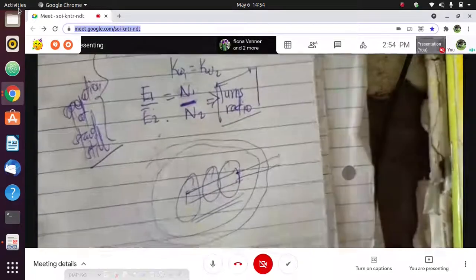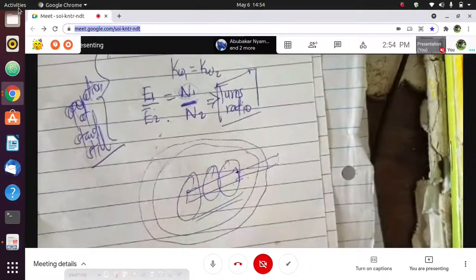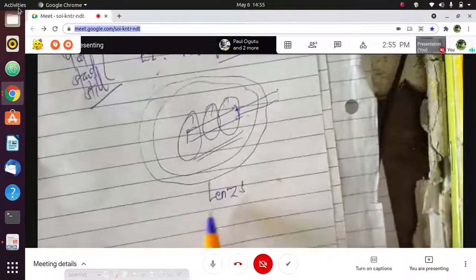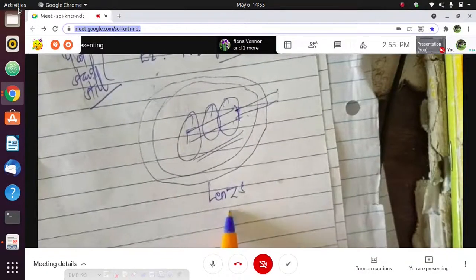Now, if this rotor is free, then it will rotate. According to Lenz's law, this rotor will rotate in the direction of the rotating magnetic field in the stator.